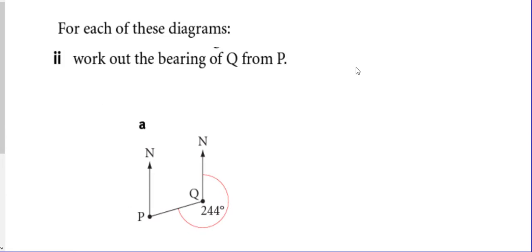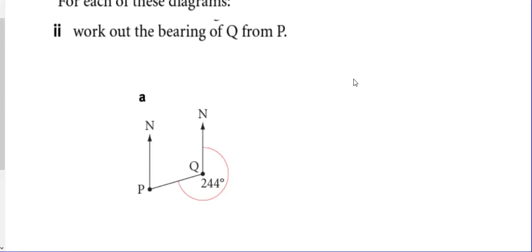Work out the bearing of Q from P. Remember what I said? From P. So on point P is where you draw the north direction. How did I know? Use the word from.